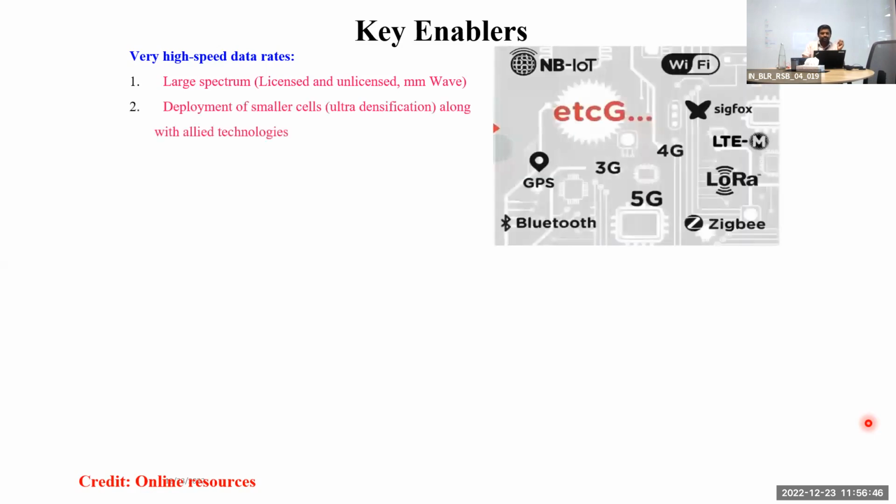Next is ultra densification, which means you will have a huge number of small cells. The reason behind this is that when you go for a higher frequency spectrum, for example 3.5 gigahertz, you have a huge spectrum available, but the problem is you need multiple towers and multiple cell sites, because you cannot cover beyond a certain range.